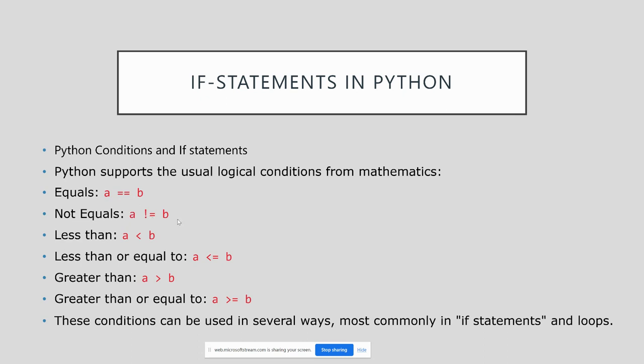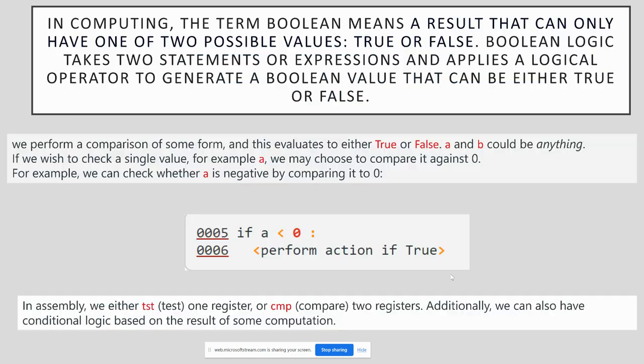Now, this is easy. a less than b, less than or equal a less than or equal b, greater than a more than b. As you can see, the greater than symbol, we all know it. Greater than or equal, here the same thing. These conditions can be used in several ways, most commonly in if statements and loops.